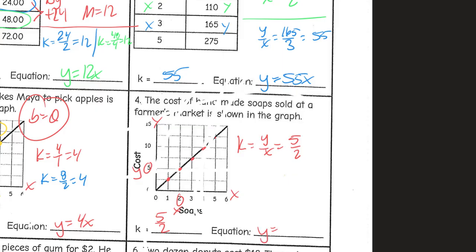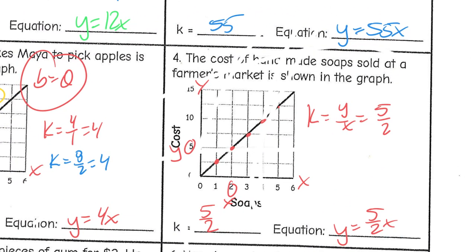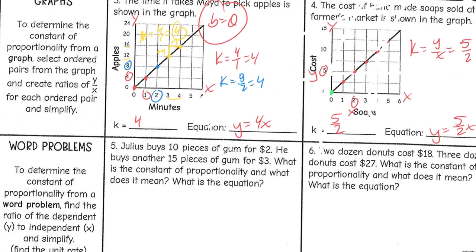So y equals 5 over 2 x. Very easy, very simple, but it's only if it's a direct variation. That's only if it goes through the origin. And there it is, going through the origin. So it meets that, okay?